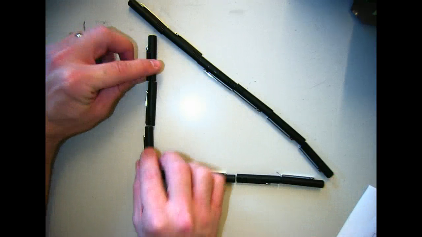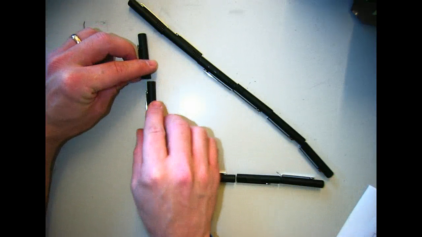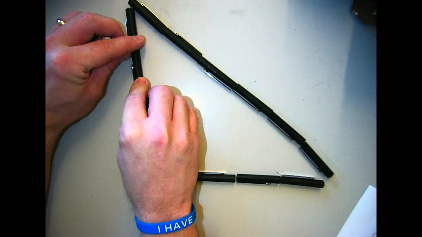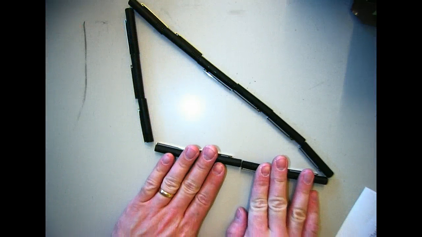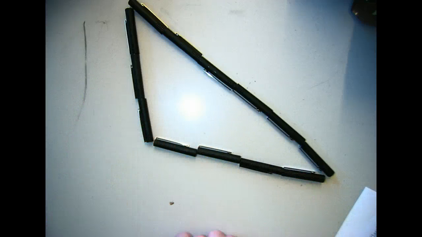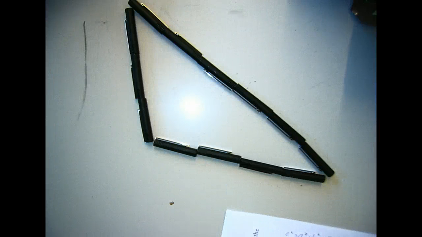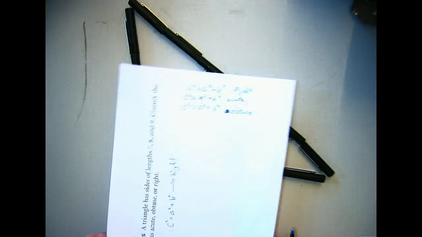In order to make this work, I have to swing this side out. And what was our right angle has now become an obtuse angle. This is now obtuse. So if we have c squared greater than a squared plus b squared, we get an obtuse triangle.